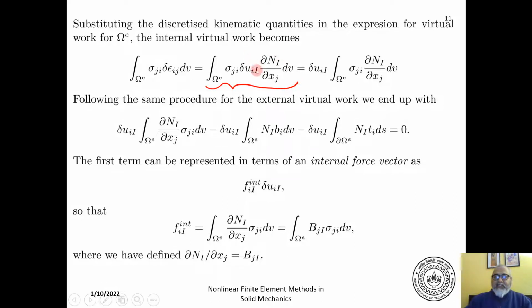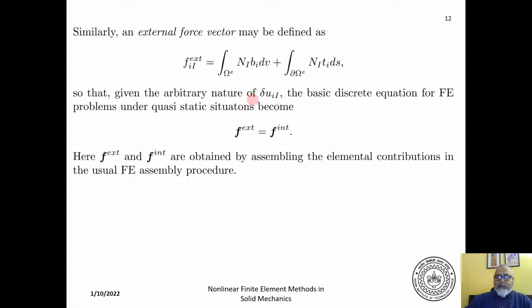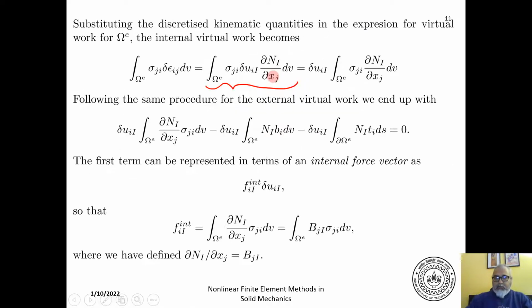Okay, so that's what is written here, and then this is, sorry, this is not a function of x, y, z. So it can be brought out of the integral, and you are left with sigma ji del N I del xj. Now use the same procedure for the external virtual work.